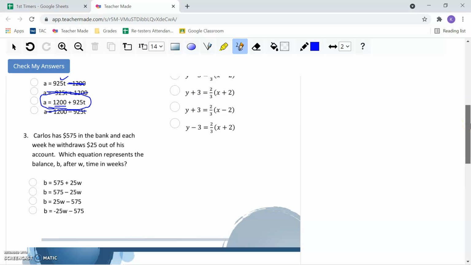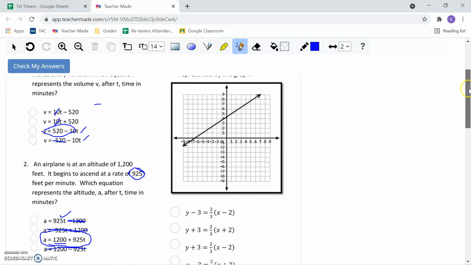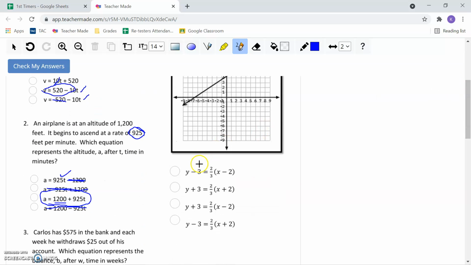You try number 3 on your own. Let's go on to number 4. Basically, you're going to get this one and move it over. So it's going to be a positive 3 at the end over here. Positive 3, I'm just moving that number over. This one is going to be a minus 3.